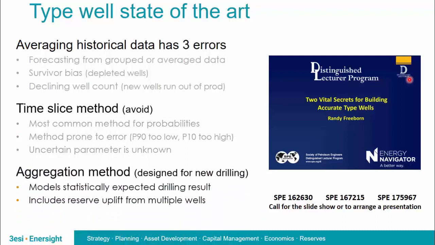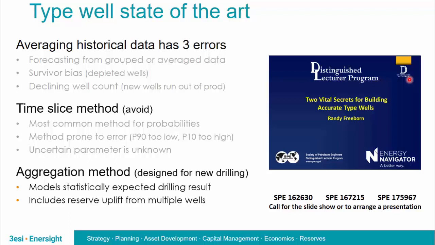In its stead, we recommend using something called the aggregation method, a method that was invented at 3ESI Enersite and is now available for your use in Value Navigator. This method models the statistically expected results that you would have from a future drilling program.